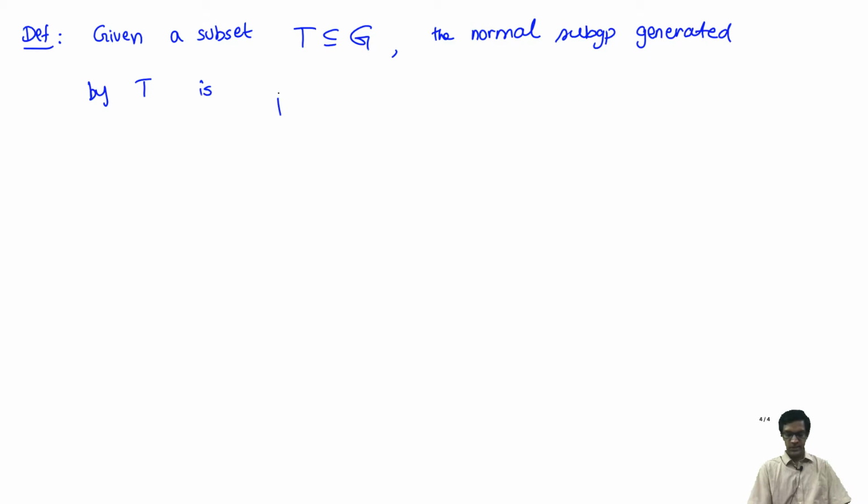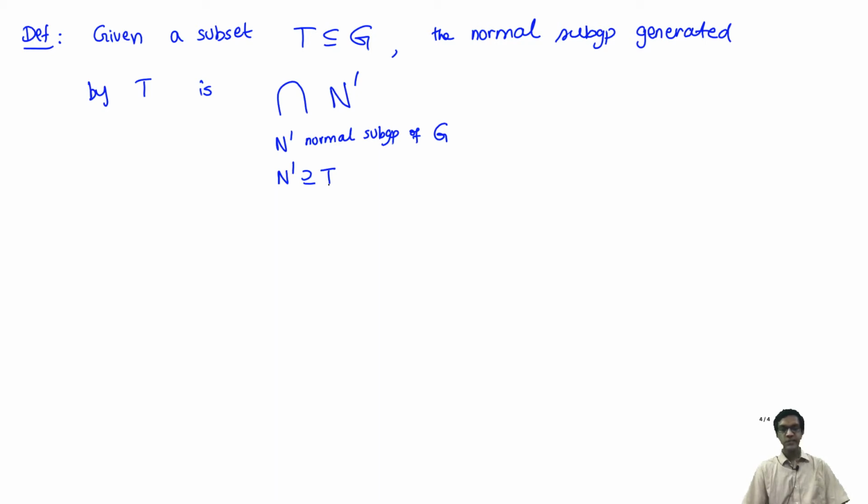is just the intersection of all normal subgroups. Let us call it N prime. What is N prime? N prime is a normal subgroup of G which contains the given set T. Okay.